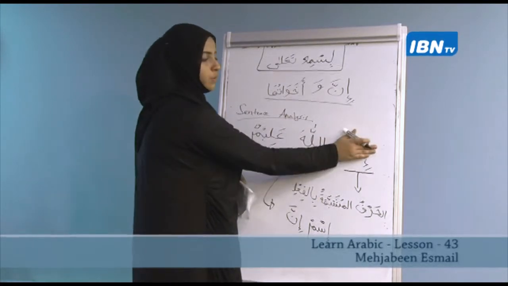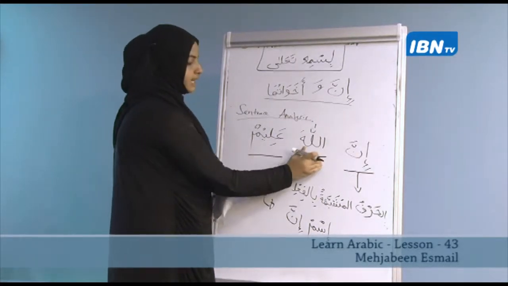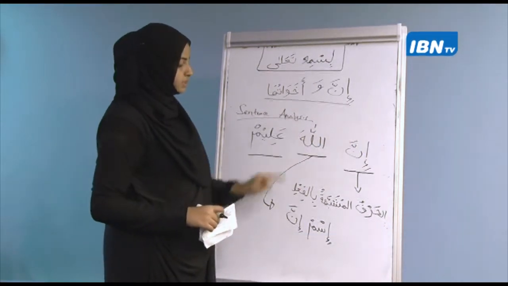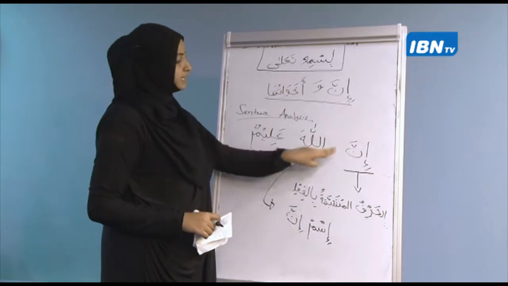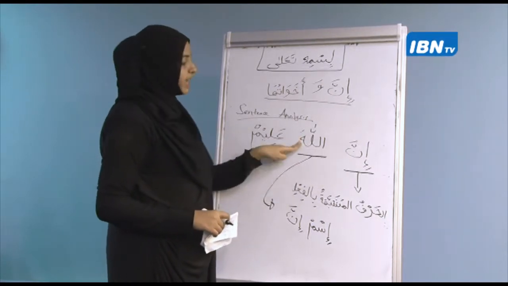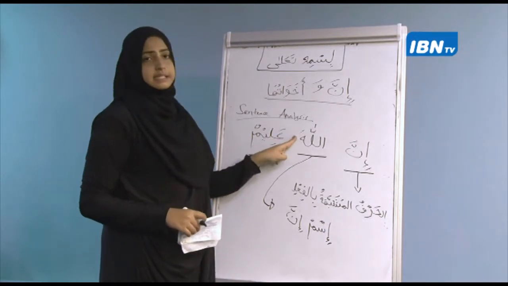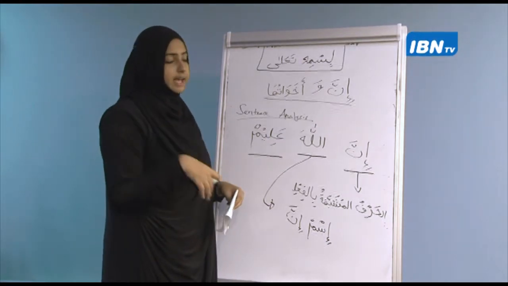Without Inna, this is just ism. But if Inna is added, this changes to ism Inna, and it also changes in its sign. We will be looking at changes in the sign.